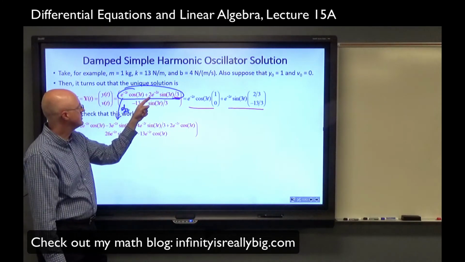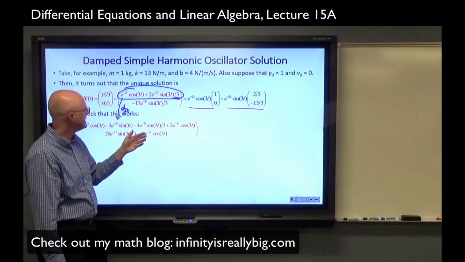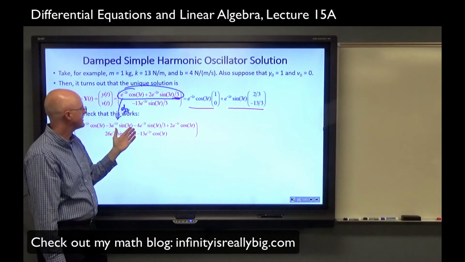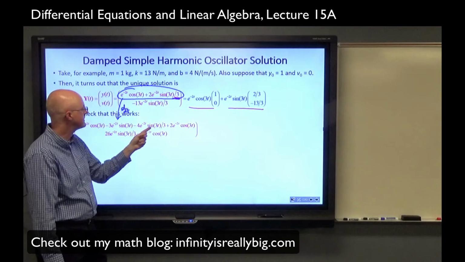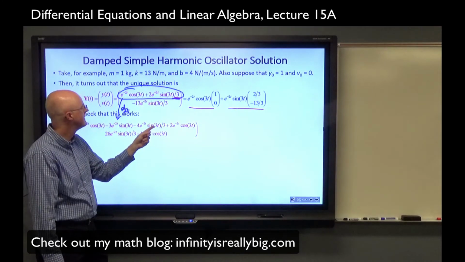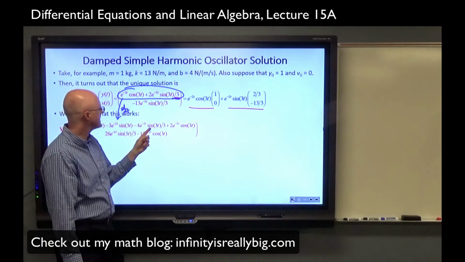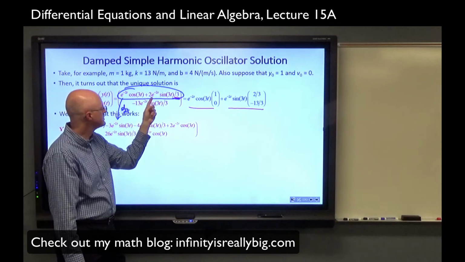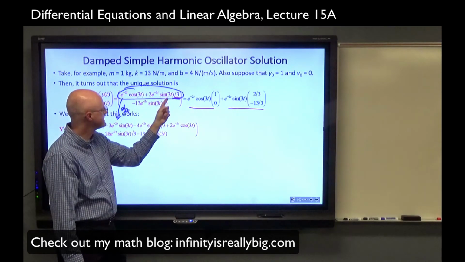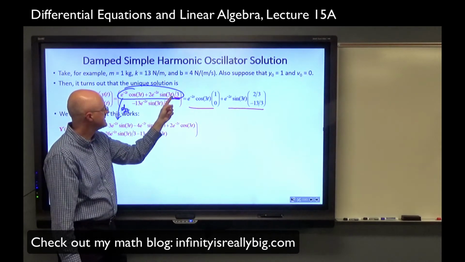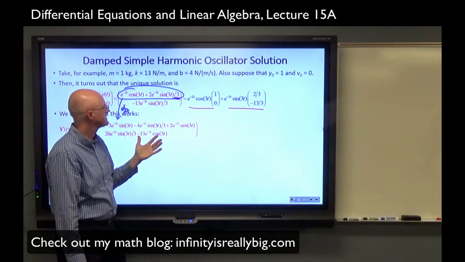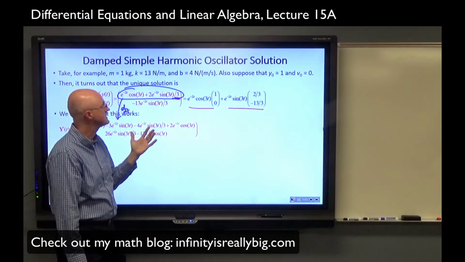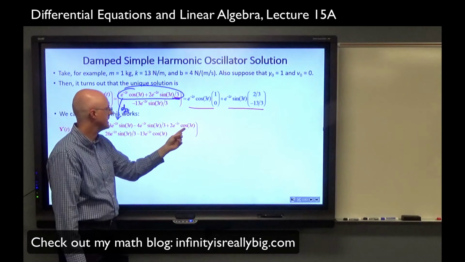Take the derivative of 2e to the negative 2t, say, over 3. Get an extra factor of negative 2. You get a negative 4 over 3 e to the negative 2t. Keep the sine of 3t the same. So that's the derivative of the first times the second. Now take the first, 2e to the negative 2t, times the derivative of the second. Say sine of 3t over 3. That derivative is cosine of 3t over 3 times 3. And the 3's cancel because of the chain rule, giving you this.